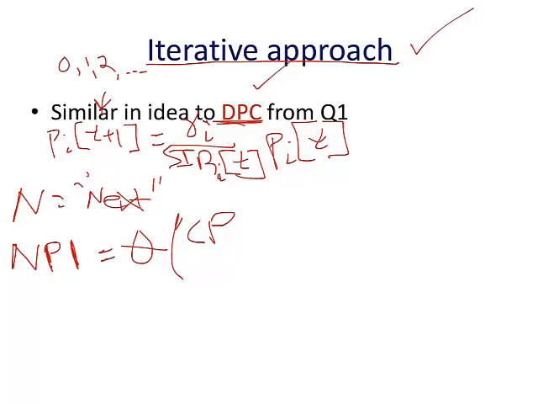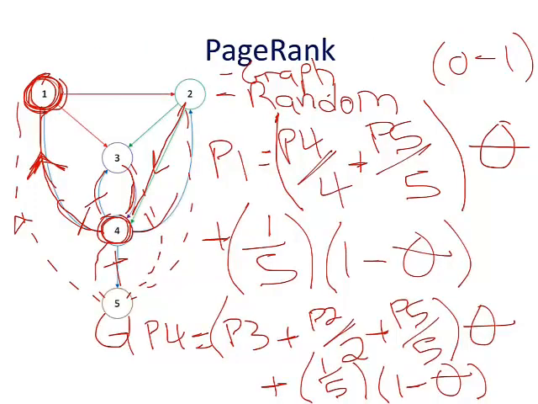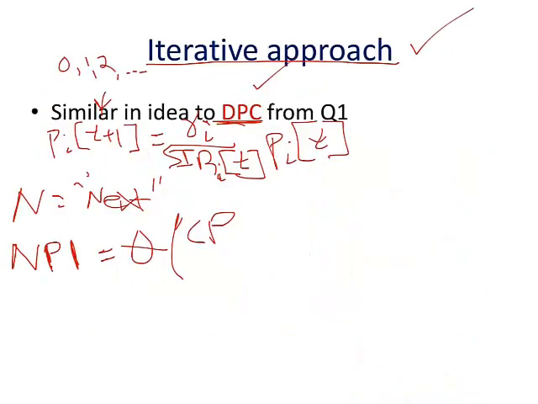So if we go back to our graph for a second, we saw it was P4 divided by 4 plus P5 divided by 5. So we can go back then to our iterative approach. Okay.